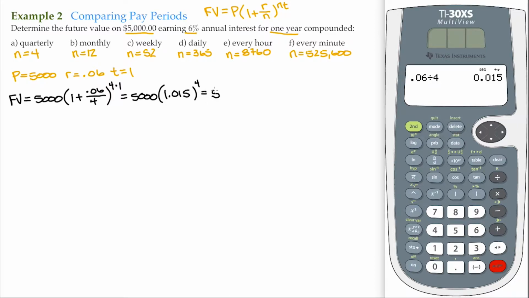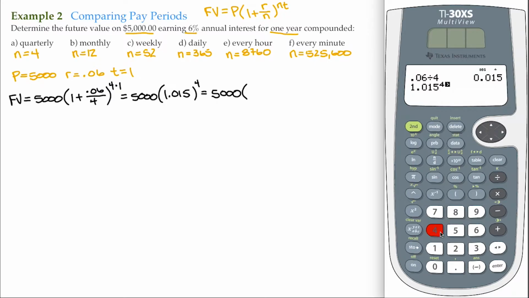So now we have 5,000. And I'm going to take 1.015. Here's my caret key. Raise that to the 4th power.